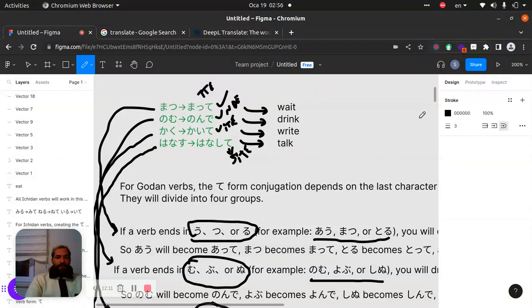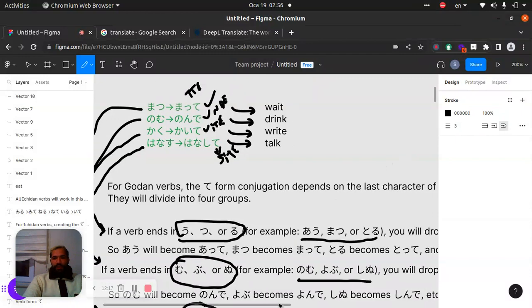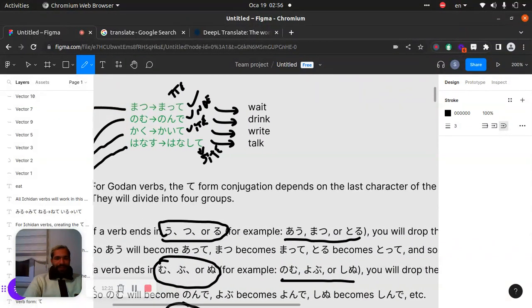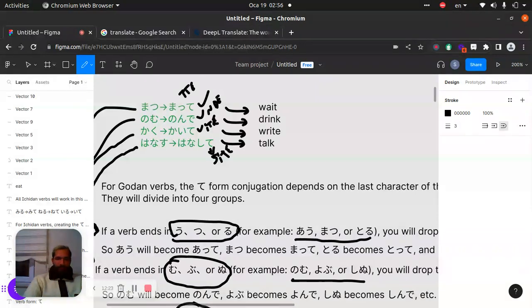Like that. For Godan verbs, the te form conjugation depends on the last character of the dictionary verb. In Ichidan it is different. In Ichidan we know we have ru there, we remove ru and add our te, right? In this case, for Godan, it will be a little different. They will divide into four groups.